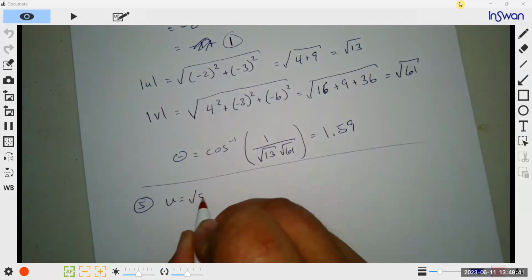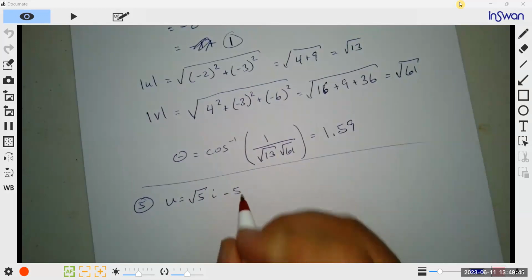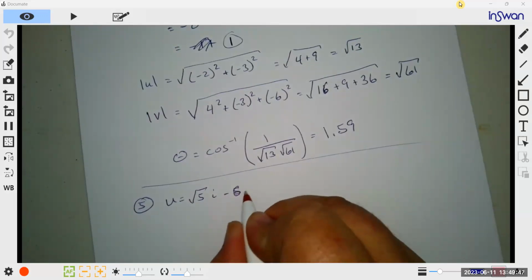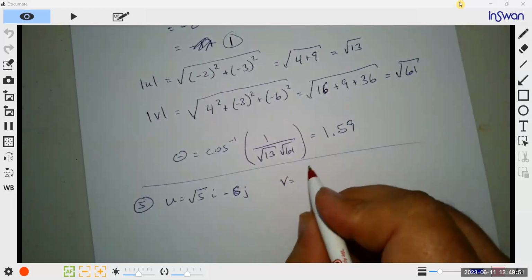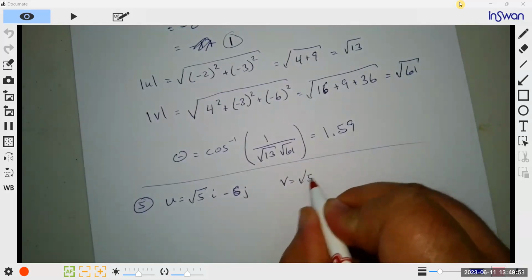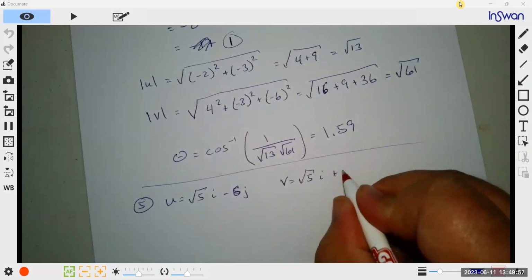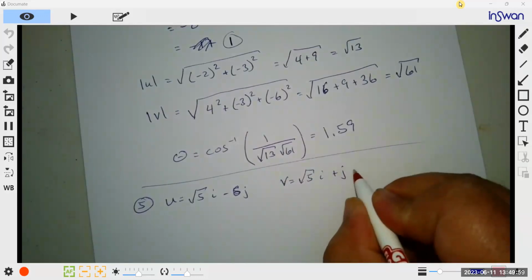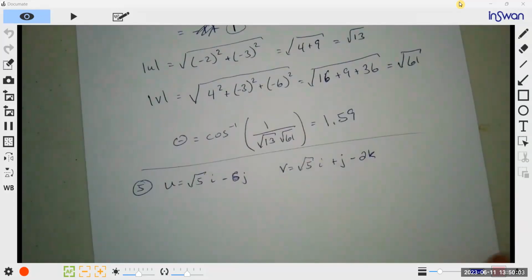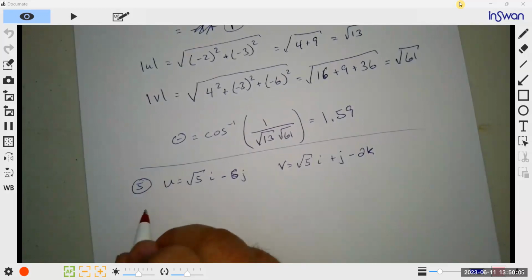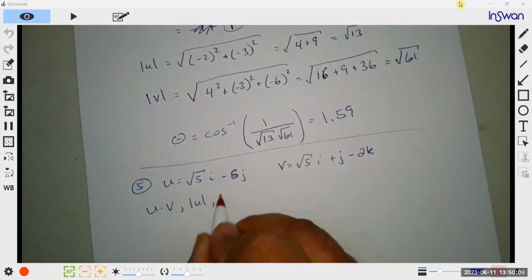U is radical 5 i minus 6 j. V is radical 5 i plus j minus 2k. So we have to find these first.